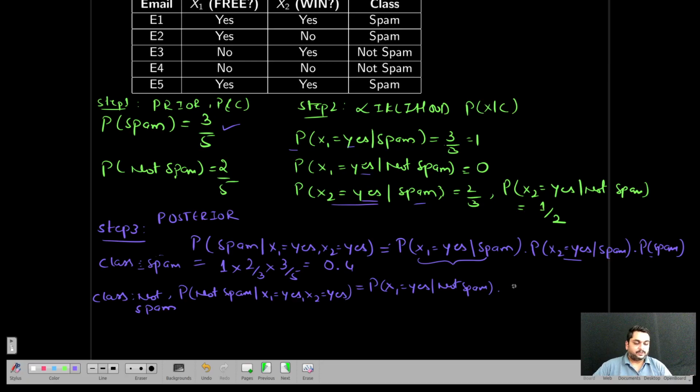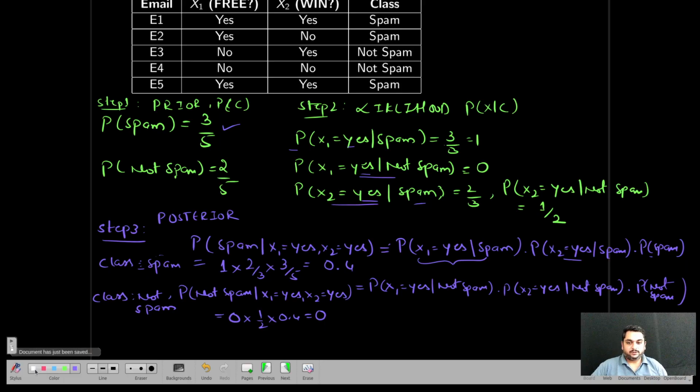Into probability of x2 equal to S given not spam, into probability of not spam. So we can calculate this from here. We already got those values. Probability of x1 equal to S given not spam is 0. 0 into 1 by 2 into probability of not spam, which is 2 by 5. This is 0.